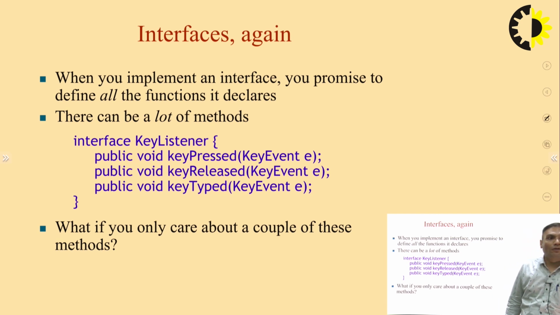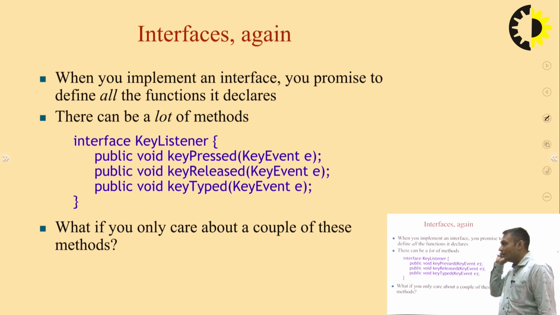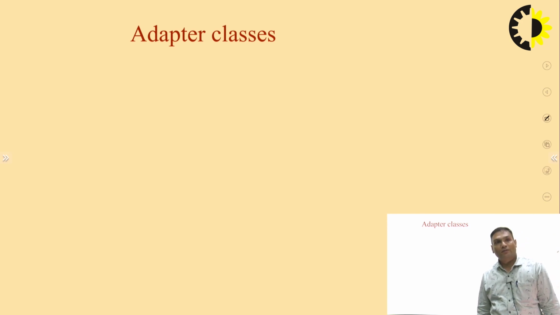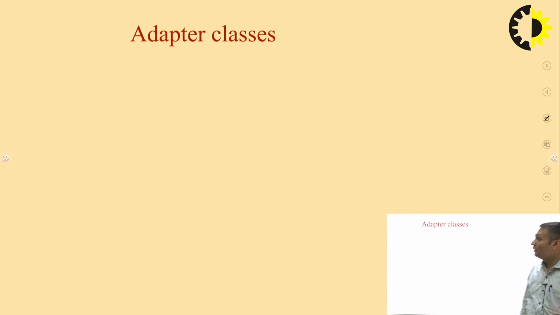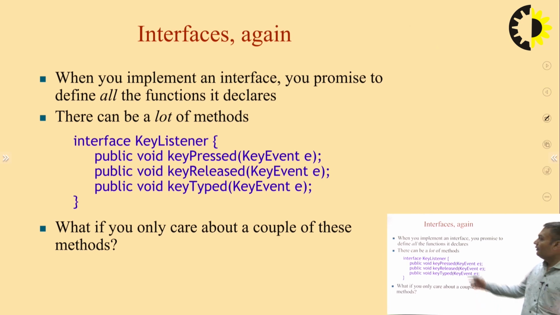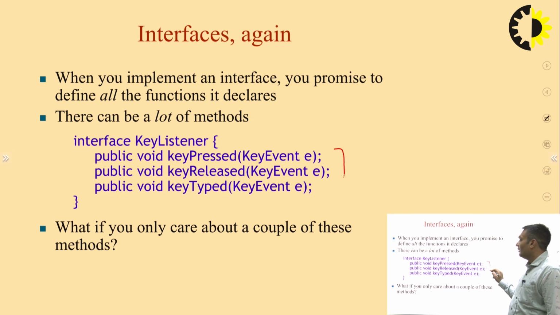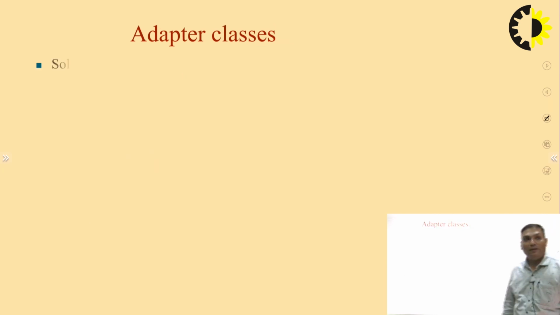So if you only care about a couple of these methods, what will you do? When we have an interface with various methods but you want to use only a couple of them, you can make a class that is called an adapter class.